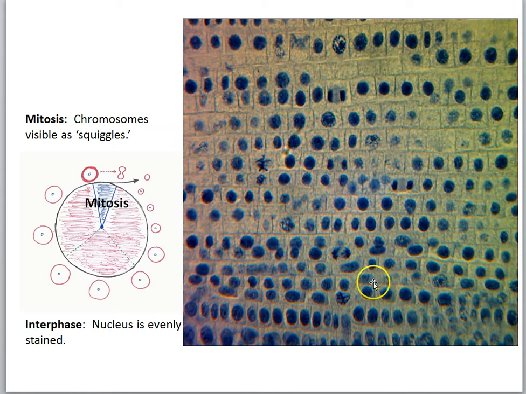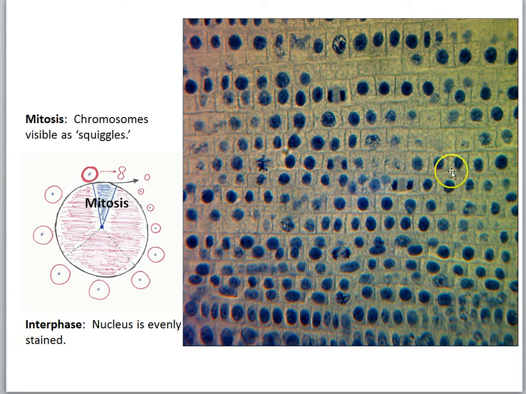Here we see a larger version of this, and you can start to see a little bit more detail now. In fact, most of the cells that you see here have a nice oval nucleus. It's as if the stain is nicely and evenly staining the membrane of the nucleus. Those cells where you see an evenly stained nucleus are in interphase.